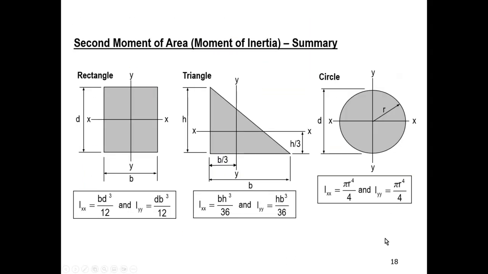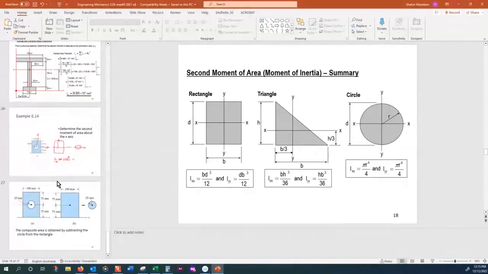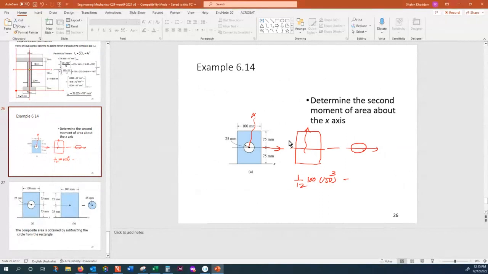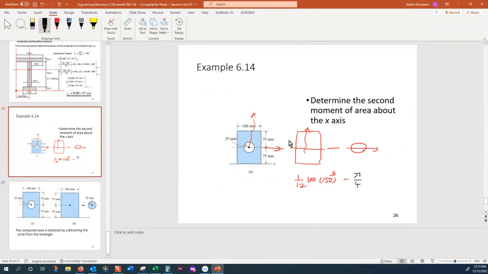Yeah, that of the circle is pi over 4 r to the power of 4. That is 25 to the power of 4. Okay, so that is the overall I for the shape.